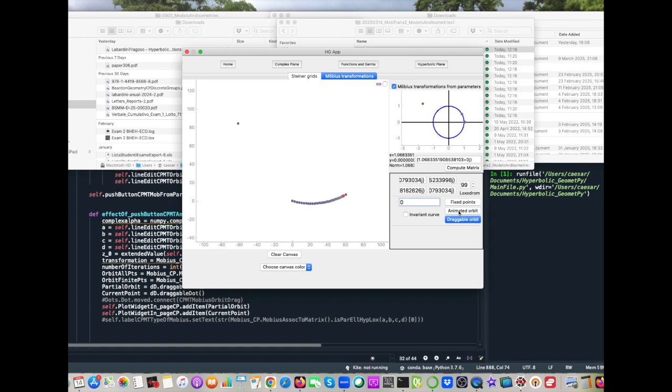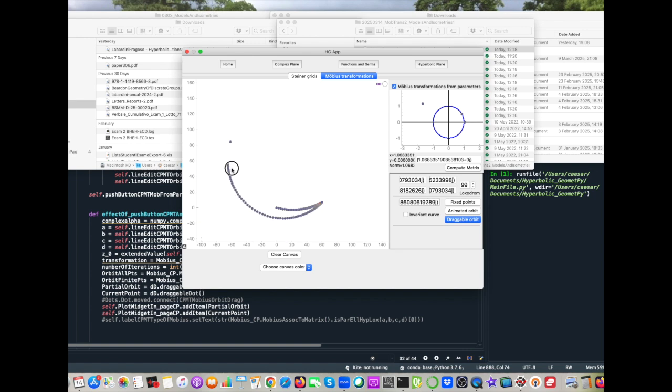And you can already see it does look like it lies on a circle segment. So maybe let me just do the draggable orbit, and then start dragging the initial point. Let me draw the other fixed point.